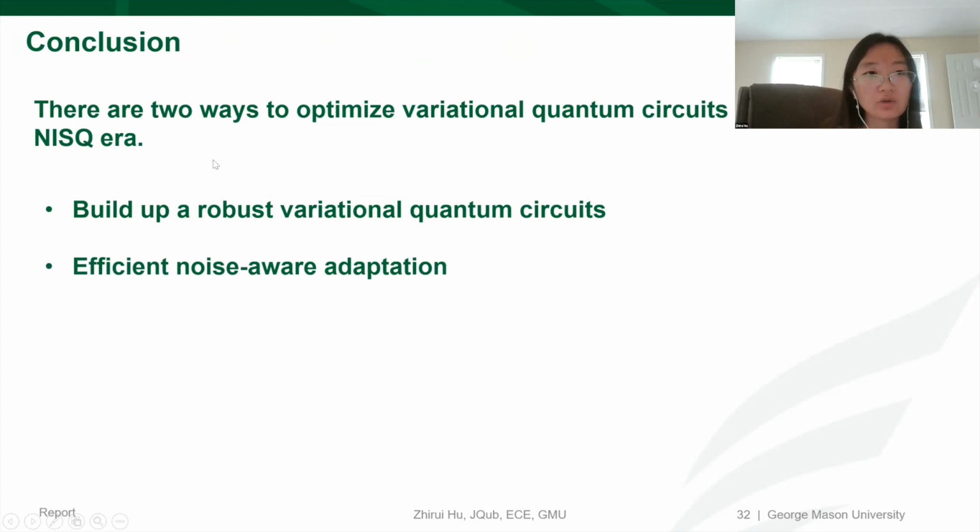So here is our conclusion. There are two ways to optimize variational quantum circuits in the NISQ era. The first one is to build up robust variational quantum circuits. I think there are plenty of works doing this, such as QuantumNAS or fidelity-aware compilation.